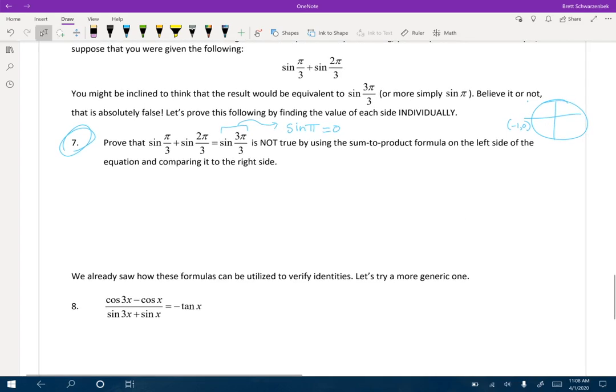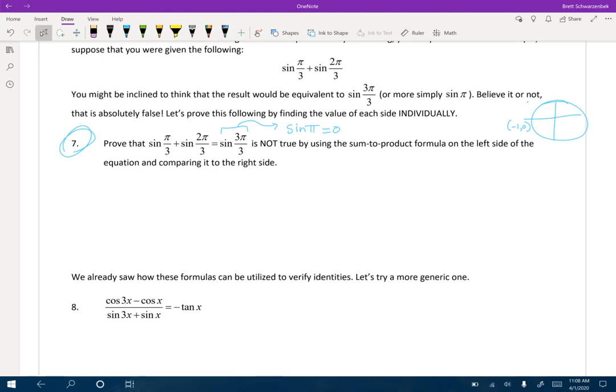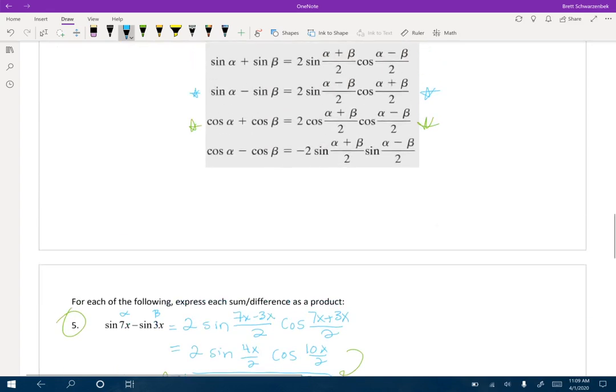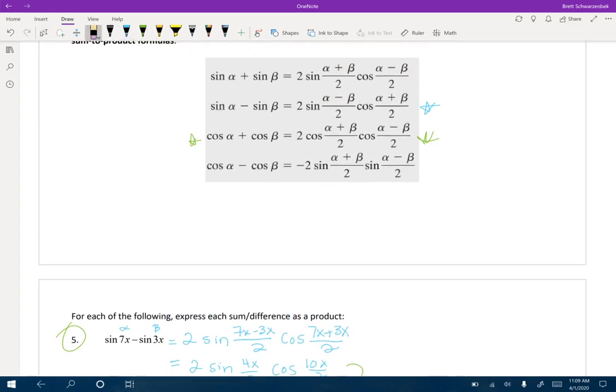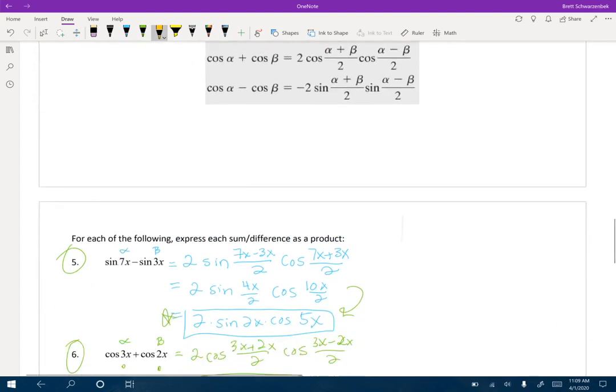So if you go over to the sine of pi over 3 plus the sine of 2 pi over 3, we can actually change that using our formulas. So if we go up to our formulas up here, the first one is sine plus sine, so now we're going to turn it into this on the left side.